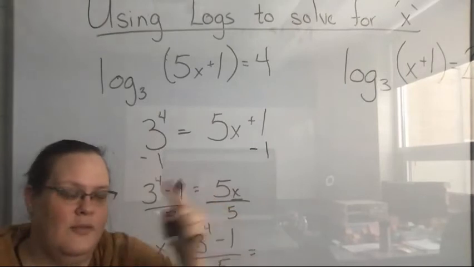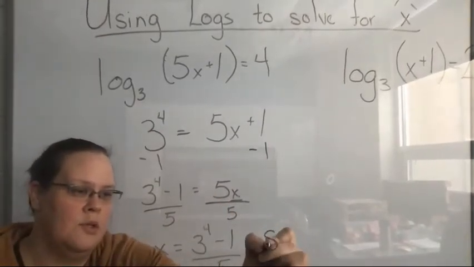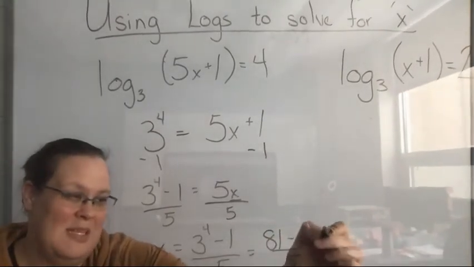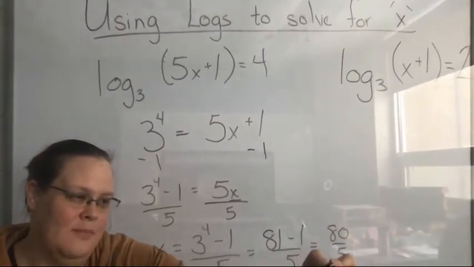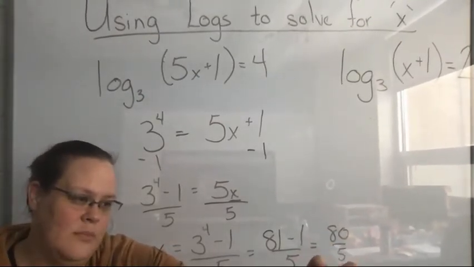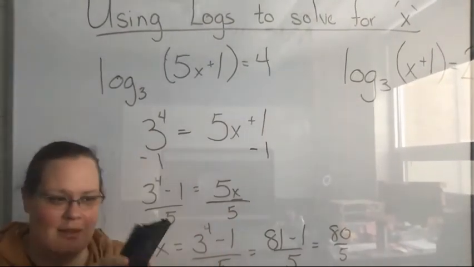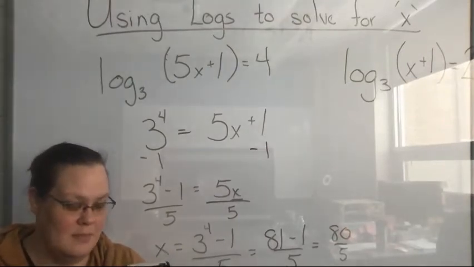Let's see, 3 to the 4th power is 81 minus 1 over 5. So it means 80 divided by 5, or 16.